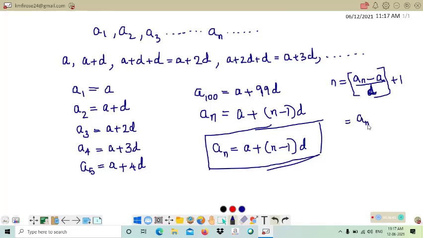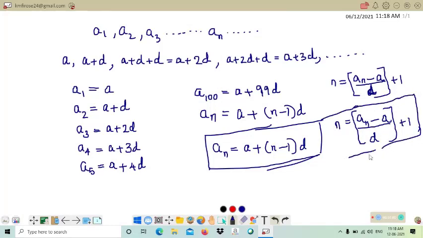Once again, n equals (an minus a) all divided by d plus 1. So this is the equation to find the number of terms, that is, the nth term of this AP and the number of terms of the AP.